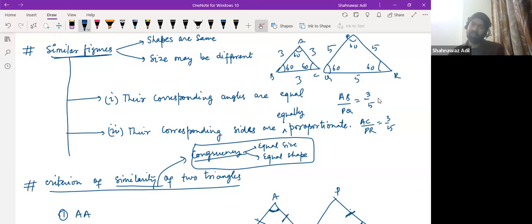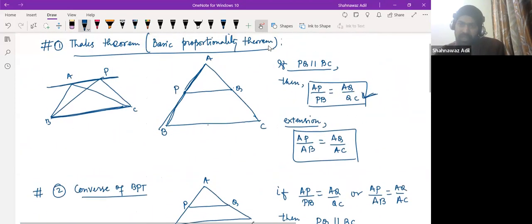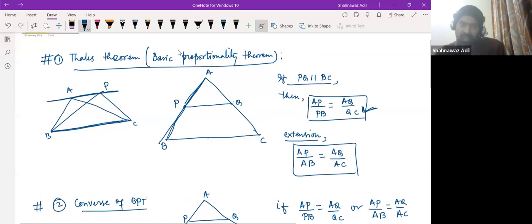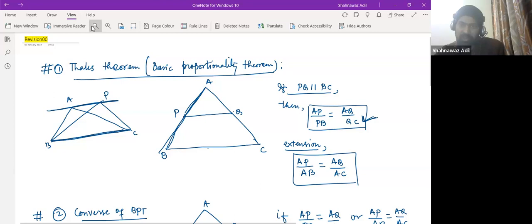Similarly, squares are also similar figures. So those are the similar ones. You guys just note this down, and then we'll start with the problems.